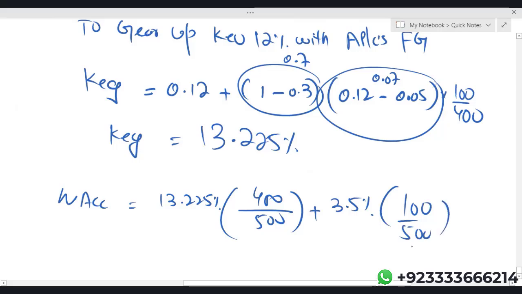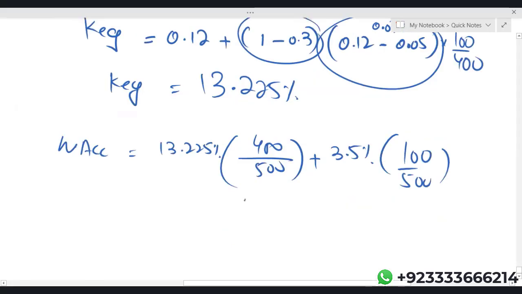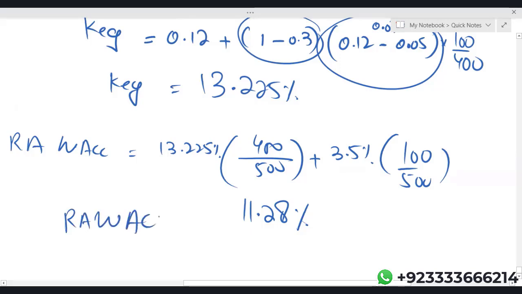Let's see what is the final answer of the BEP: 13.225 into 400, plus 3.5 into 100, whatever comes, divided by 500. I'm getting 11.28. Yes or no, please? And obviously, this is logically the risk adjusted BEP, 11.28. So basically, the risk adjusted BEP is 11.28. I hope it is clear to everyone. Yes or no?